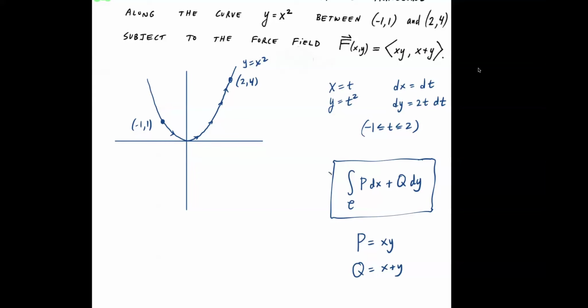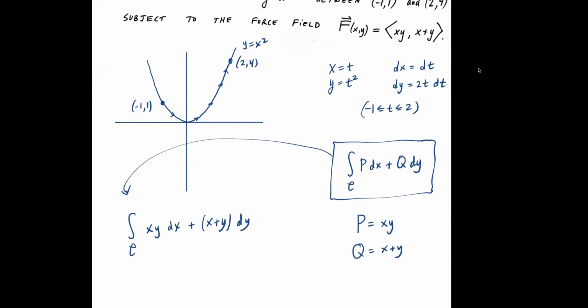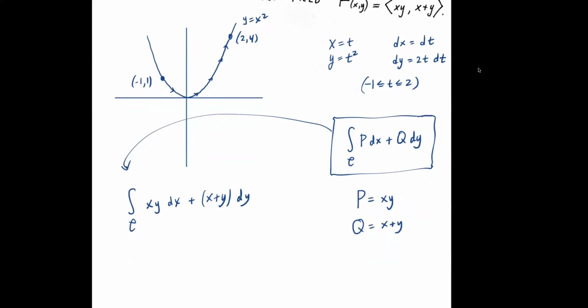So starting with this definition of work, we can write this first as the integral over c of xy dx plus (x plus y) dy. And now I just want to convert everything to the time variable t. So we get the integral from t equals -1 up to 2. Now we have to substitute for x, y, and dx.